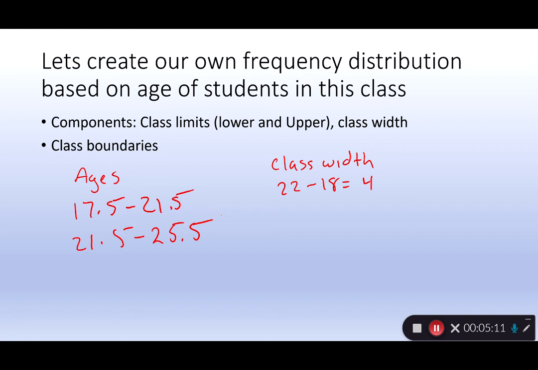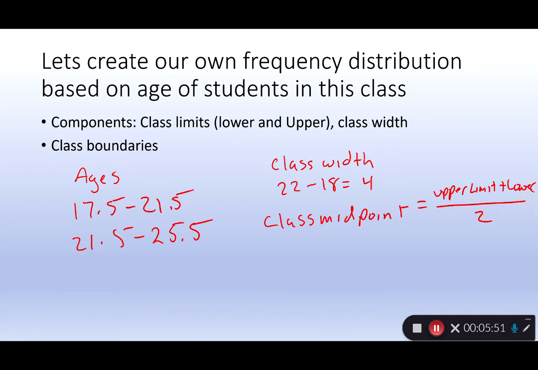All right, so the next is class midpoint. And we've used midpoint before when we were getting our mean. So for the class midpoint, you would do the upper limit plus the lower limit and divide by 2.